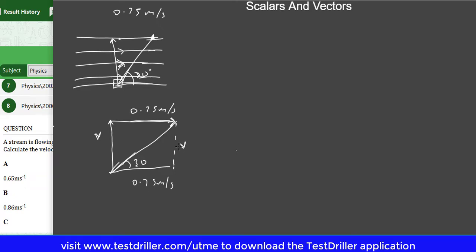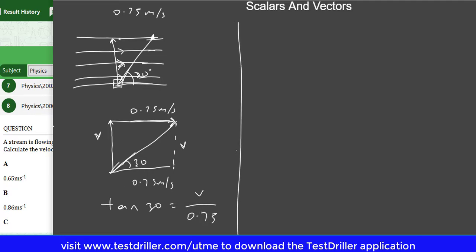So what formula can we use to get this opposite? You know the angle, you know the adjacent, you don't know the opposite. What mathematical formula connects angle, opposite, and adjacent? That is tan. So tan 30, tan of the angle is opposite, which is v, over adjacent, which is 0.75.